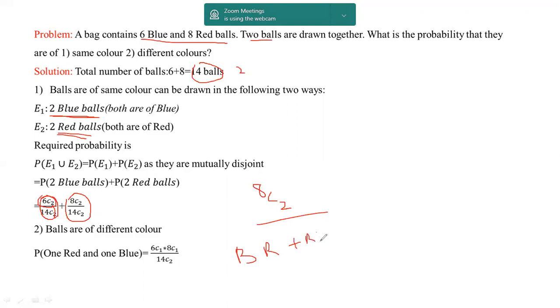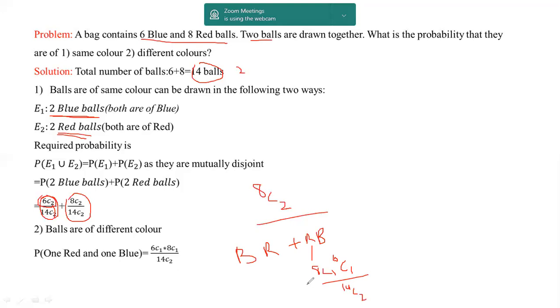If the first one is red, we have 8 red balls, so out of 8, we are choosing one red ball, 8C1. The remaining ball is from the blue. We have 6 blue balls, and out of that, we are choosing one blue. So 8C1 into 6C1 by 14C2. In this case, the first one is red and the second one is blue.